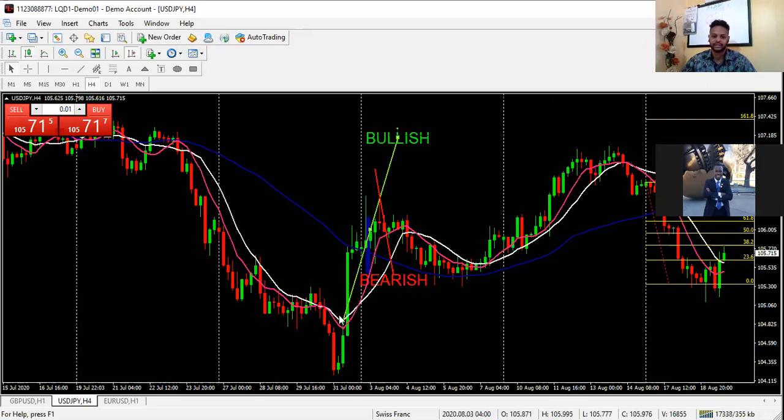If you look right here, from here all the way down, and all the way up here, all of this is known as bullish. It's going up. See all that green candle?